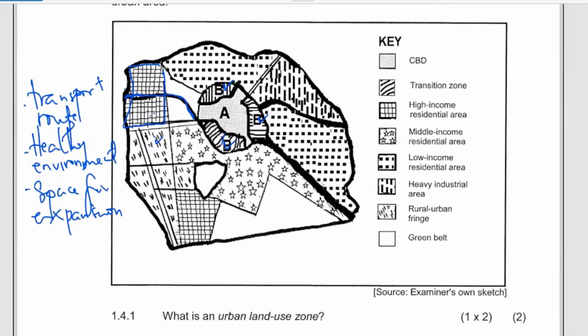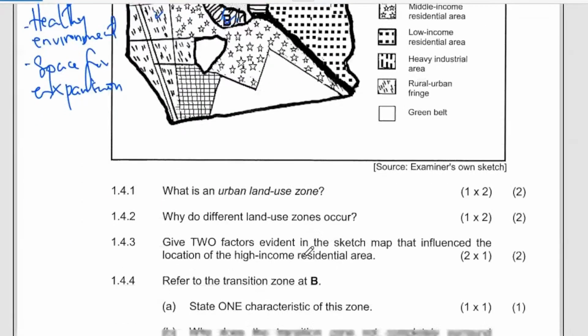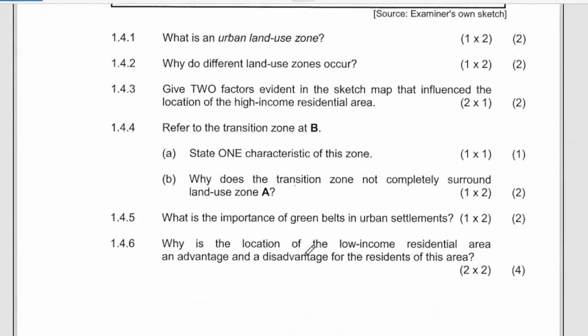We have a certain area which we call the zone of transition or the zone of decay, where we have mainly unmaintained buildings, most of them illegally occupied, as we move out of the CBD going to the outskirts. Right, so the question is saying, state one characteristic of the transition zone. What are the features of the transition zone?